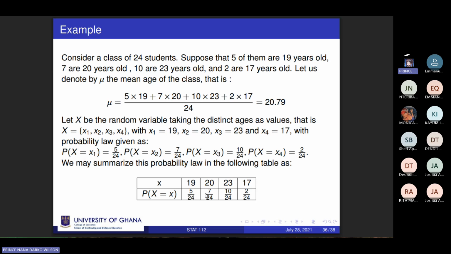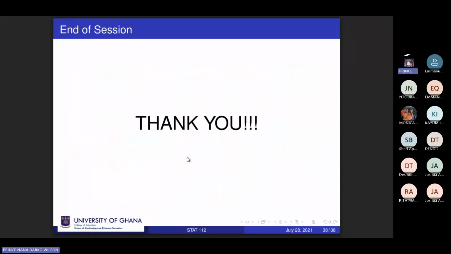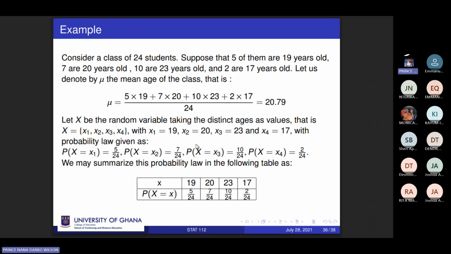The expectation, however, for taking any particular value, for example the value 19, will be given as the number of 19s present times the value itself, 19.